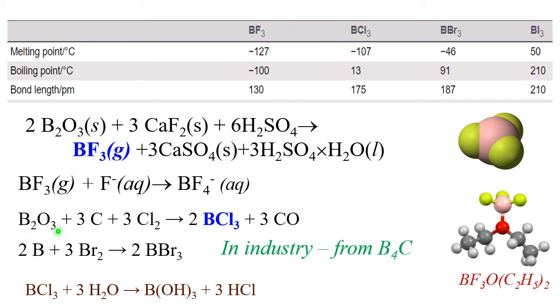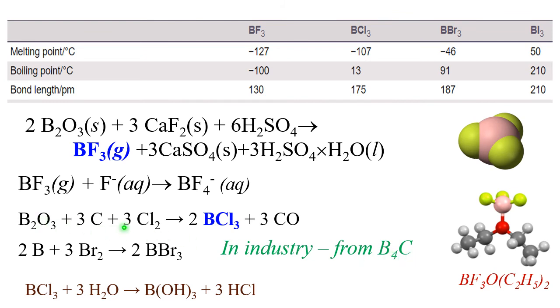Similarly, we can have a reaction of boron oxide with carbon and chlorine to receive boron trichloride and carbon monoxide. The same reaction can be run for bromide, but most commonly it is run with boron proper, or in industry from boron carbide.